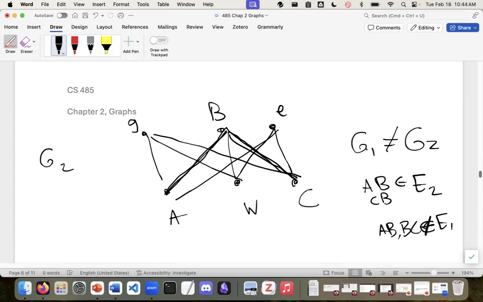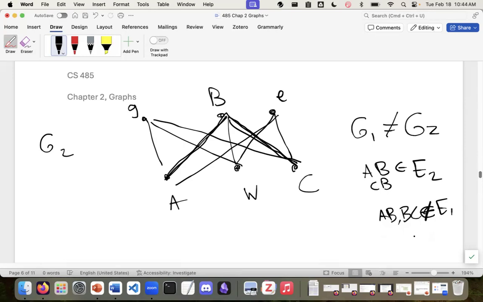So we read this as G1 and G2, graph 1, graph 2. And then the numbers also extend to like the vertex set and the edge set. So like E2 can be read as the edge set of graph 2. E1 is the edge set of graph 1. Okay.